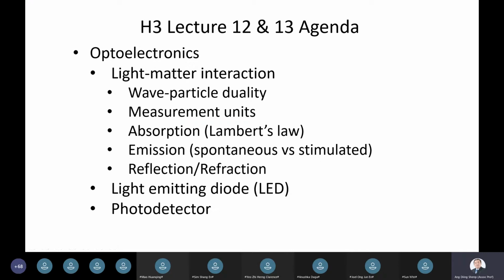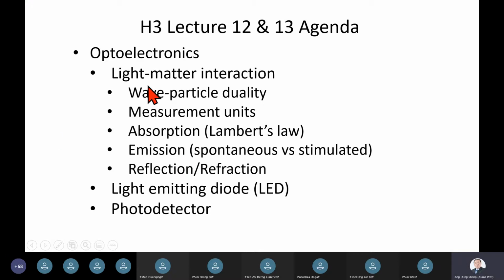This is important because in optoelectronics, since the electronic devices are interacting with light, we must know how to quantify the amount of light that the devices receive. After that, I'll move to discuss basic concepts on light absorption in semiconductors, as well as light emission in semiconductors.